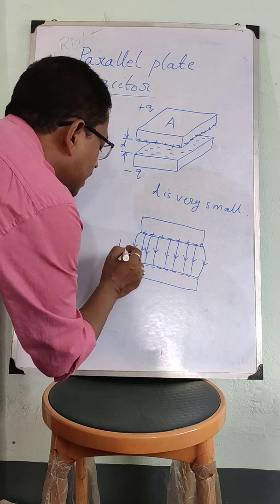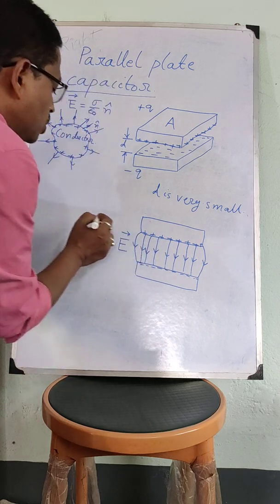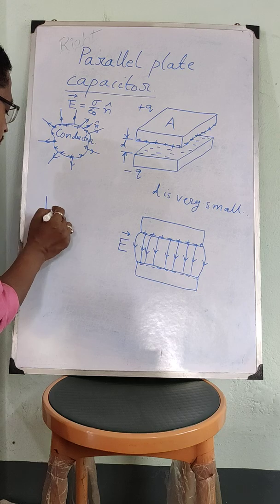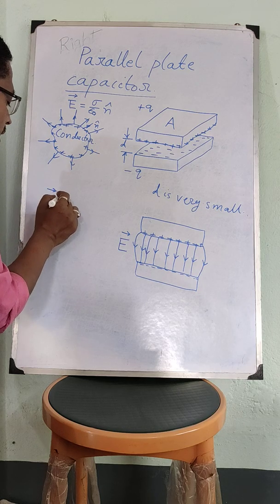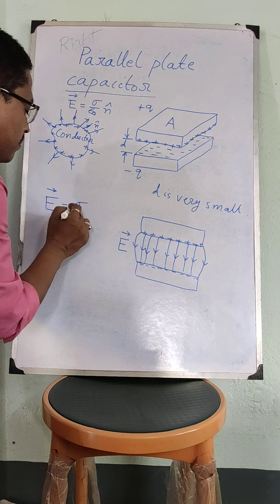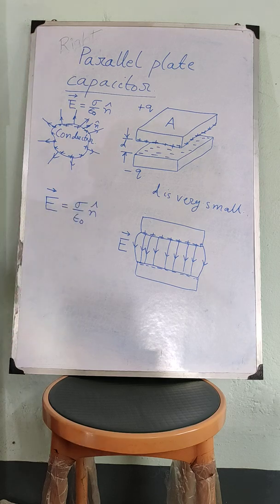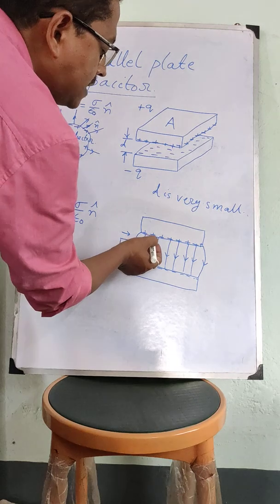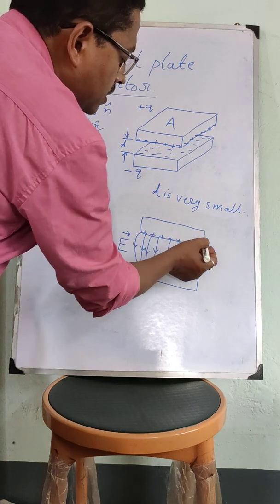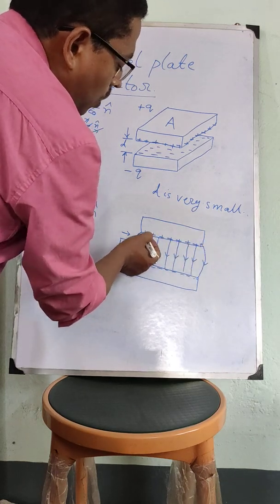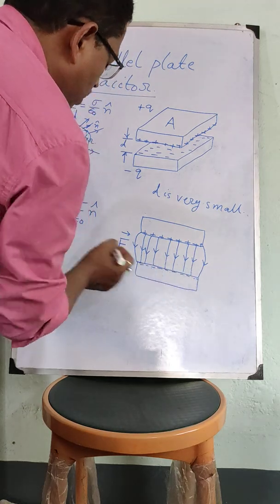Here also we will have electric field equal to sigma by epsilon 0 into n cap, where sigma is the surface charge density of the charges on this conductor.